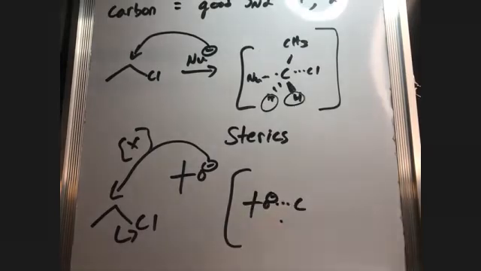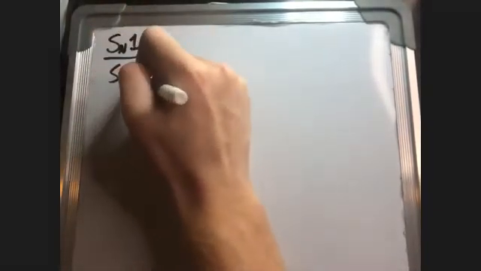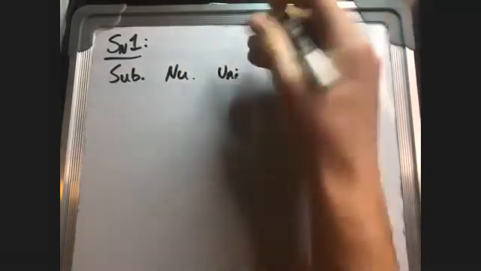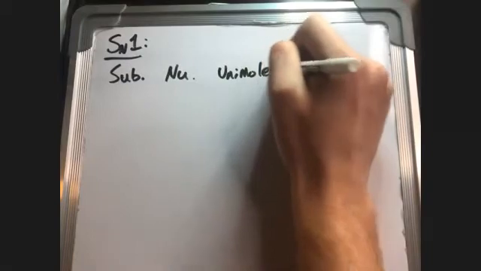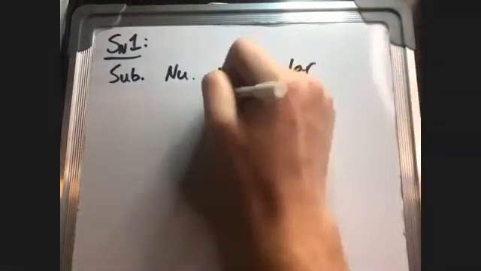Okay. So SN1 chemistry is stepwise, which is the direct opposite of concerted. It's also unimolecular, meaning that only one molecule is involved in the rate.